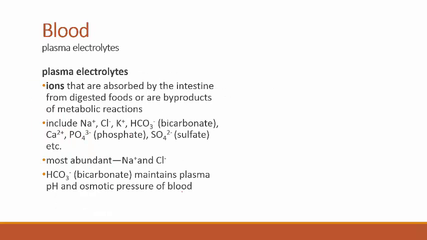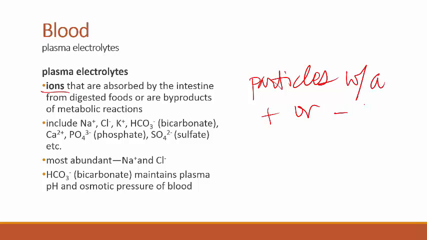Okay, last of all, also found dissolved in the plasma are all the plasma electrolytes. So electrolytes are ions. That means that they are particles with a positive or negative charge. So they've either gained an electron, which would make them, you might want to stop the video and puzzle it out.